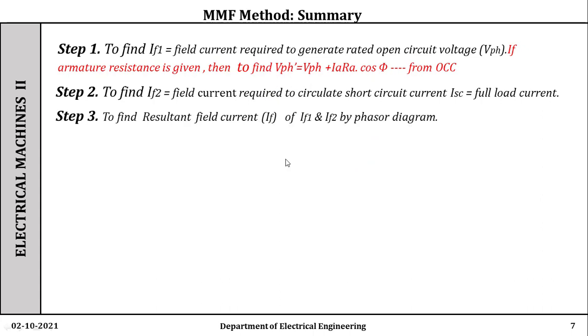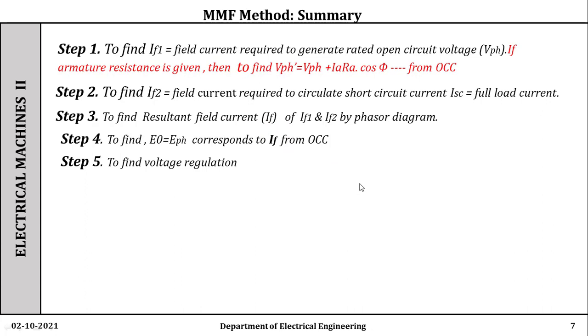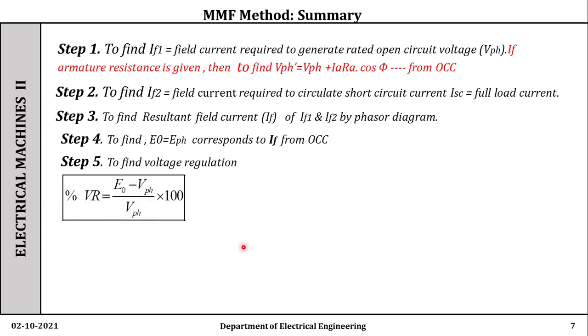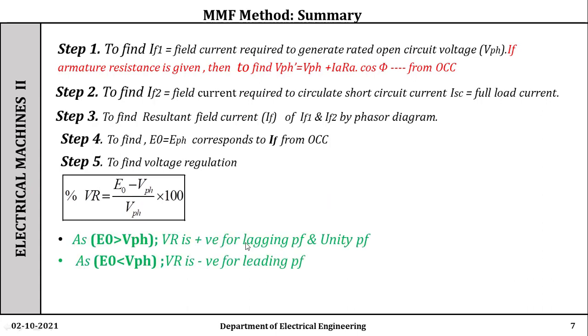Then step 3 is to find the resultant of the IF1 and IF2 by phasor diagram. Then once you obtain the IF, find out the E0 equal to VPH corresponding to this resultant field current from the OCC, and then find out the voltage regulation given by percentage VR equal to E0 minus VPH upon VPH into 100.